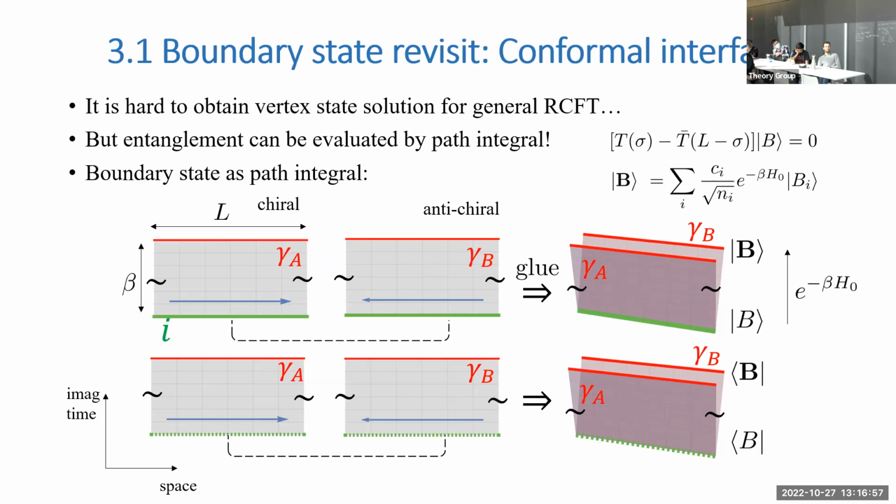Basically, on the bottom we have this space, and then this vertical axis represents some imaginary time evolution. And then finally, we have this regularized boundary state at the top. So that is the path integral representation for the boundary state.